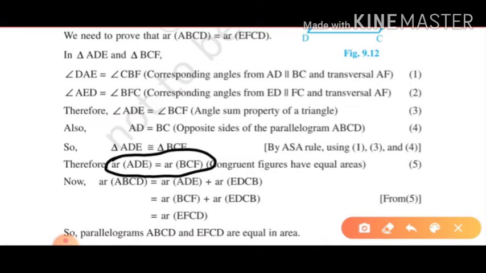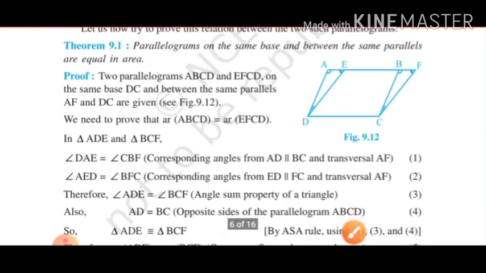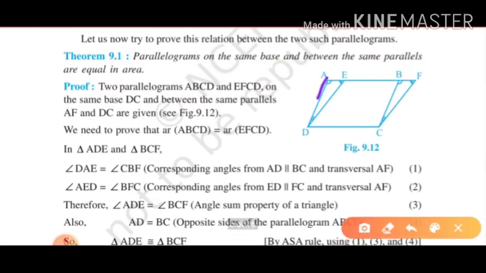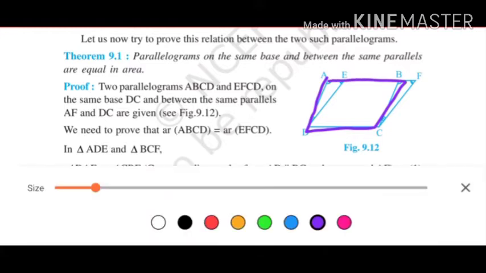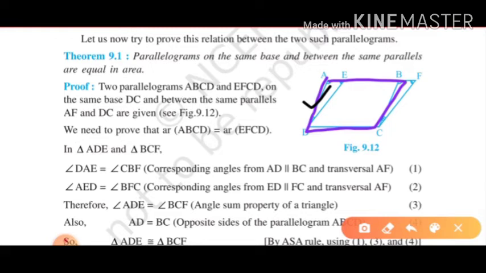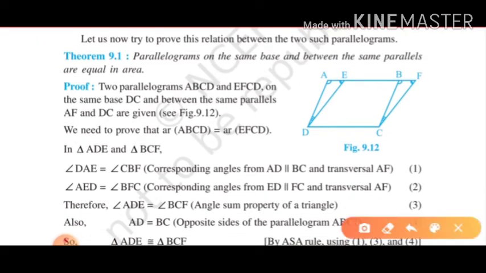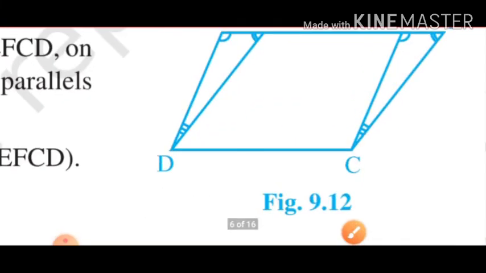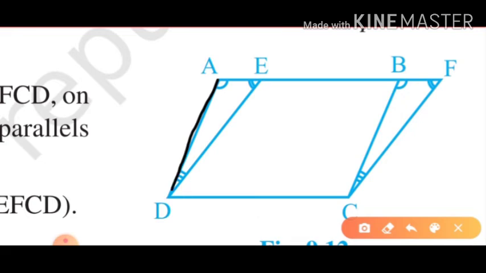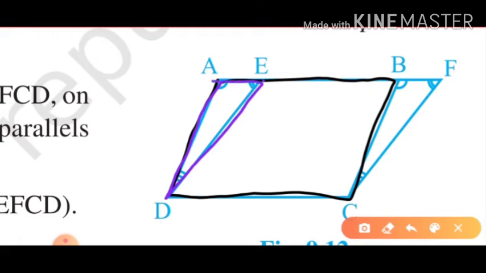Now if you look at here, area of ABCD we can write as the sum of this triangle plus this quadrilateral.